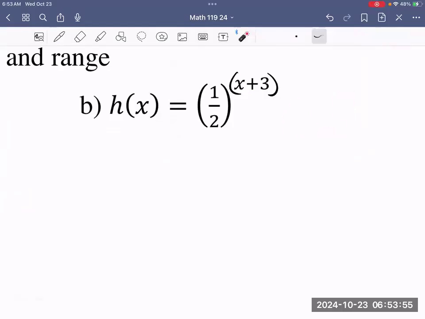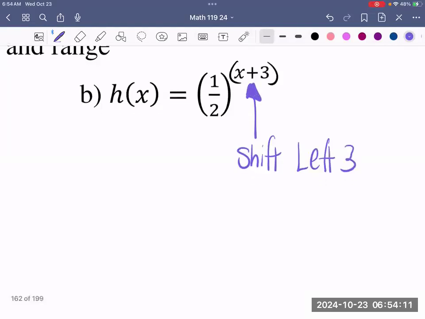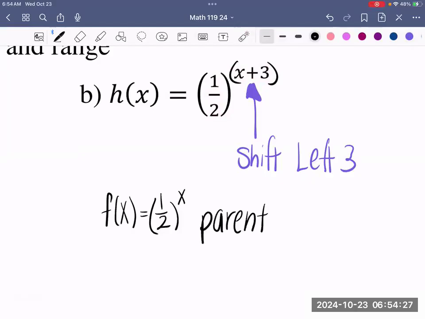When it's attached above with your x, it's going to allow us to shift left and right. Now, it being a +3 means that it's really negative, so we're going to be shifting left by 3. When we take away that shift, we're left with 1/2 raised to the x, and that would be your parent function. So we'll call this f of x is equal to 1/2 to the x, which is your parent function.